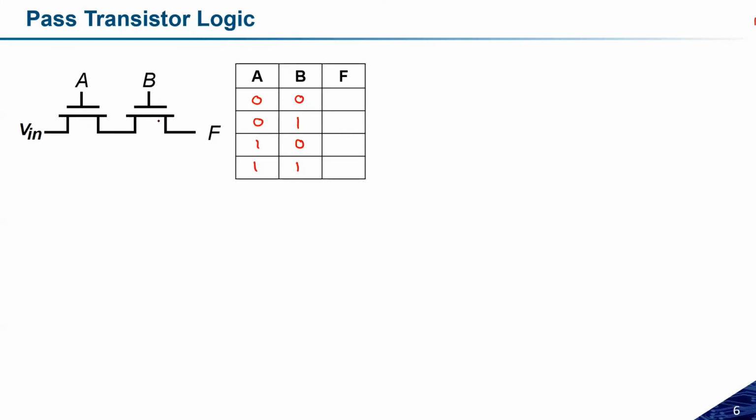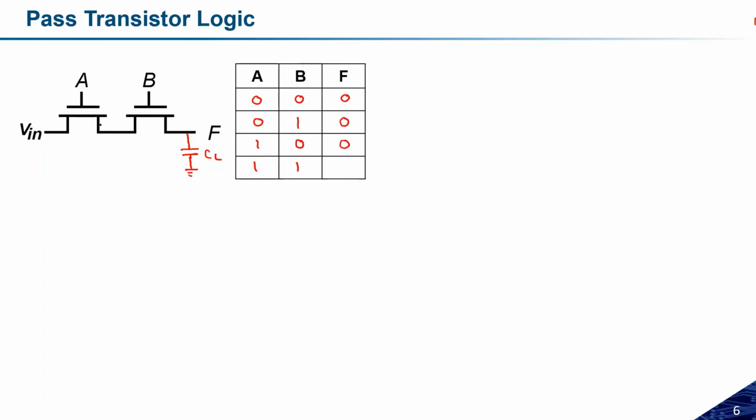Let us assume I have a load capacitance connected at the output, and initially it is discharged. So if A is 0 and B is 0, F will be 0. In the second case, again F will be 0. In the third case, again F will be 0.